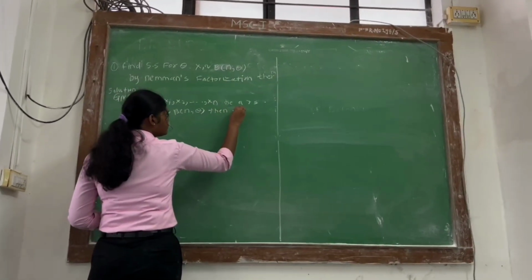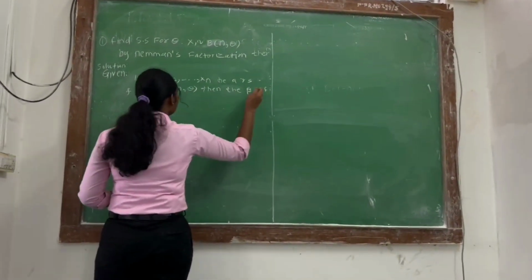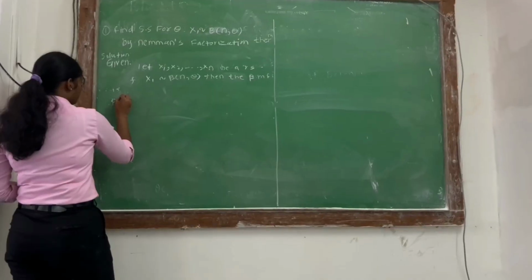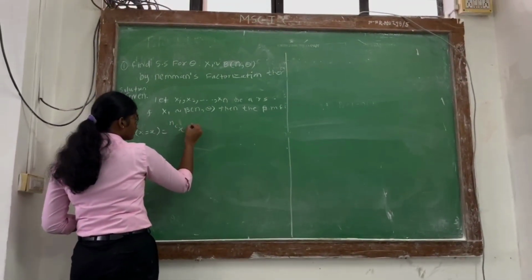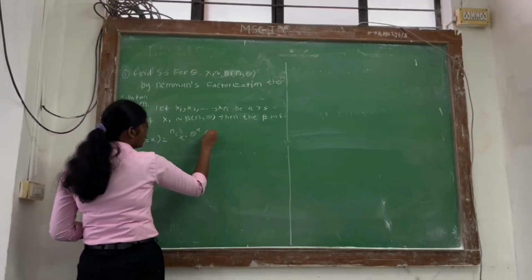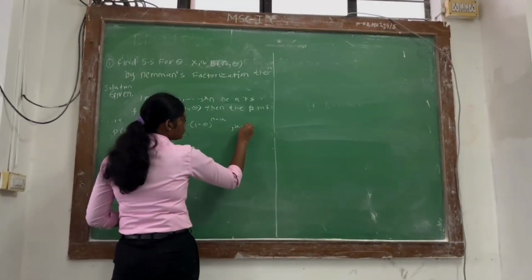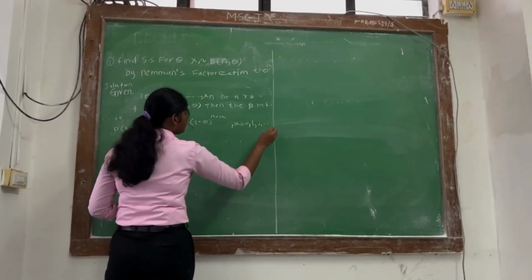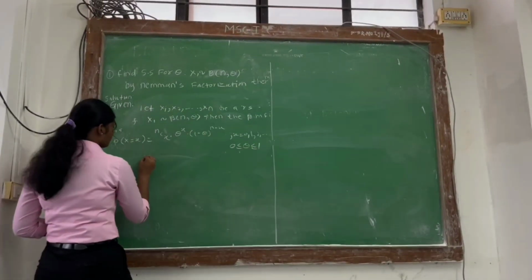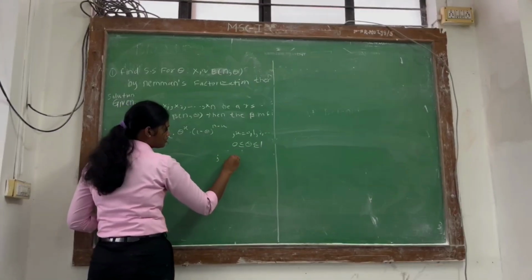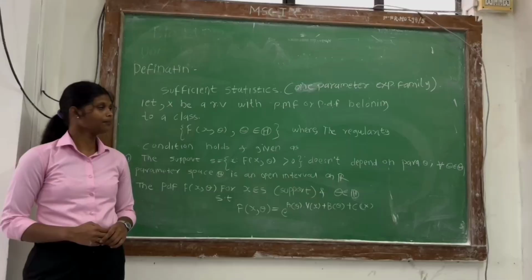Then the PMF is P of X is equal to x is equal to nCx theta raised to x, 1 minus theta raised to n minus x, where x is equal to 0, 1, 2 up to n and theta lies between 0 to 1, 0 else.